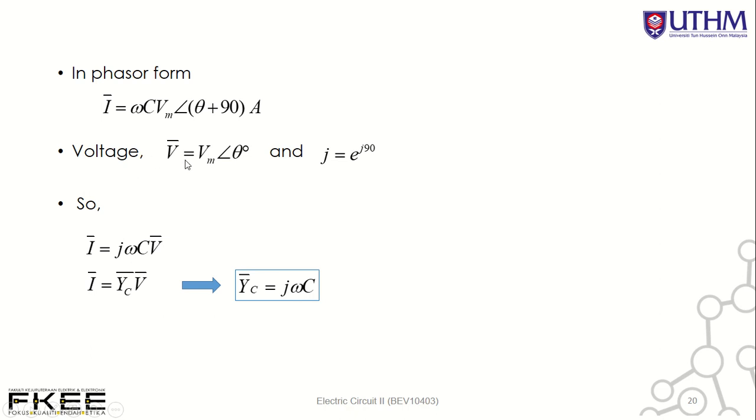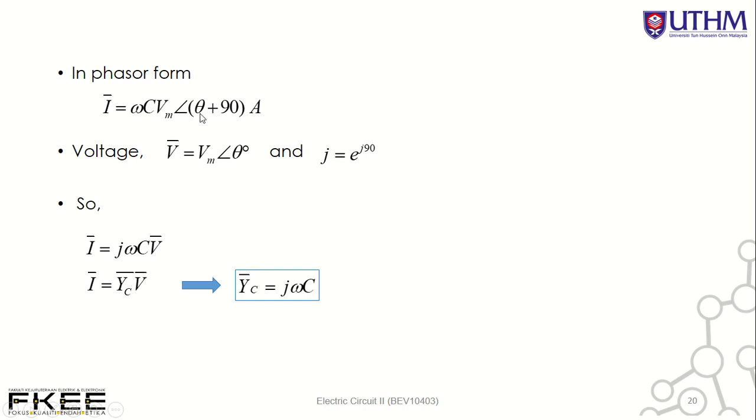Since the voltage is given as Vm angle theta, I equals j omega C V. Why?